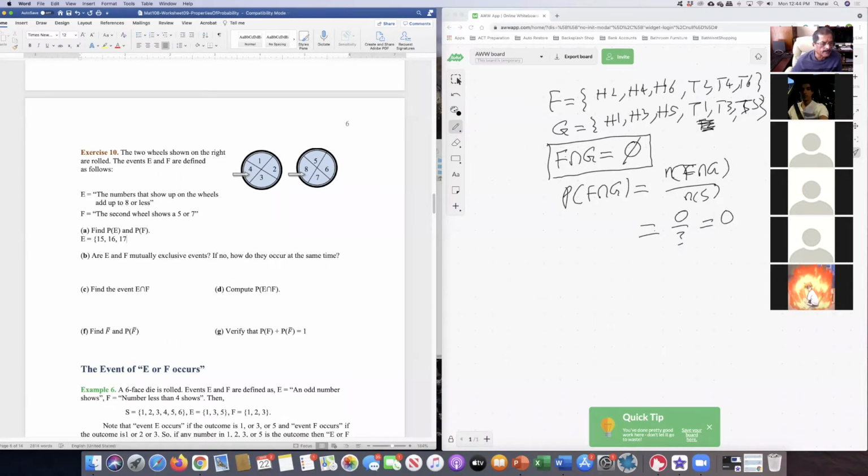They have to add up to 8 or less, so we cannot have anything more than 7, right? So 1, 6, 1, 7. Numbers that show up on the wheels add up to 8 or less.